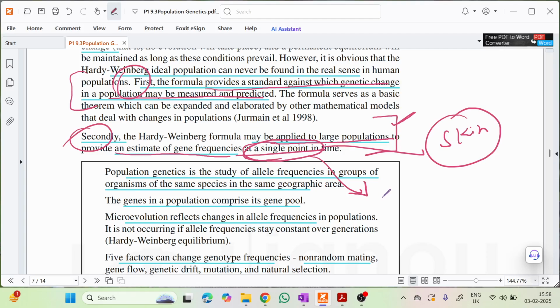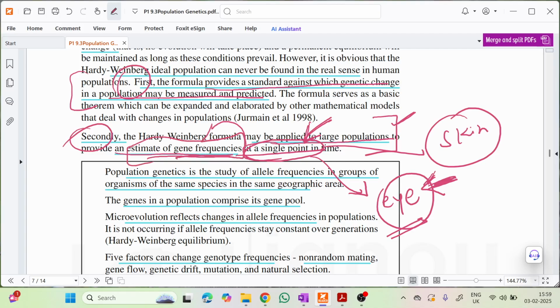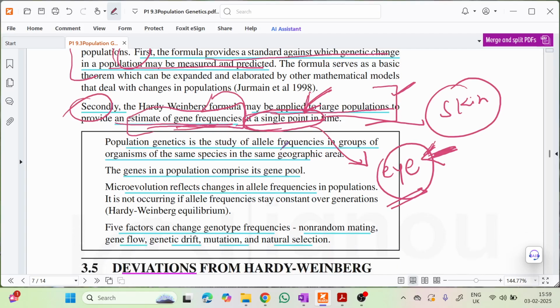Let's take the example of eye color. Eye color is influenced by multiple other loci, so this cannot be considered, but there are many character traits which have a single locus. And this formula will have certain applicability in measuring the genetic frequency of those loci.